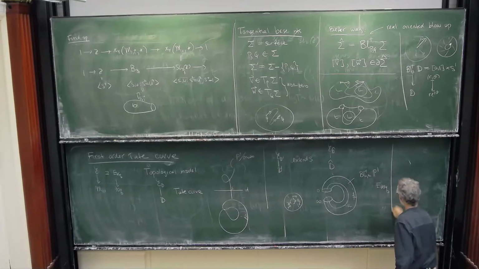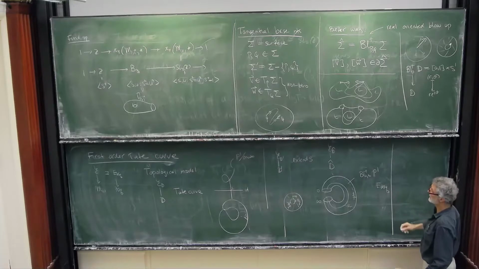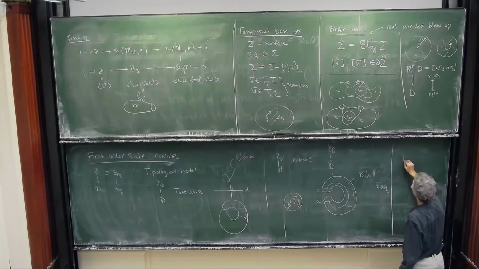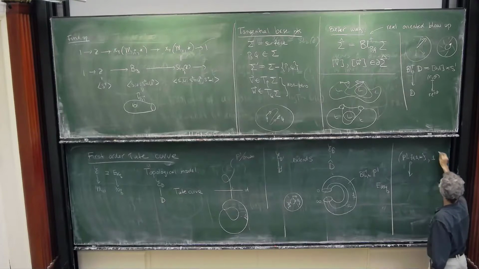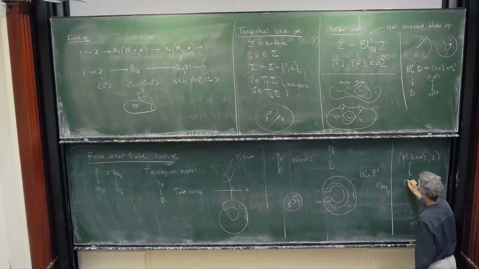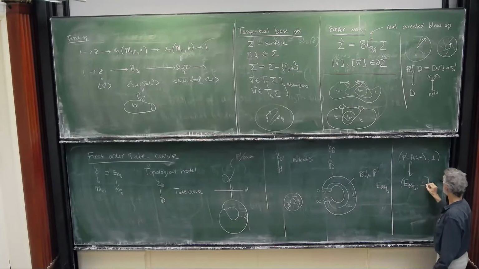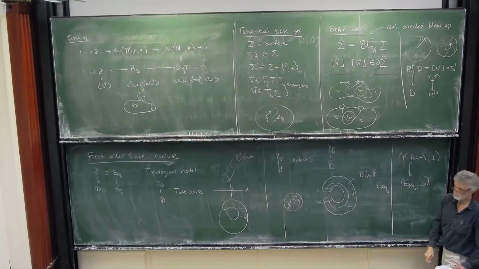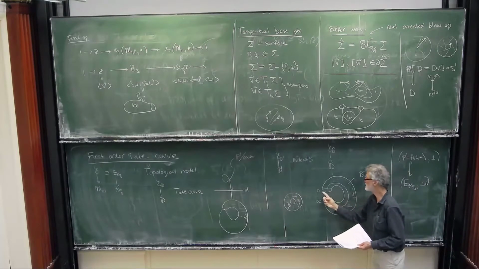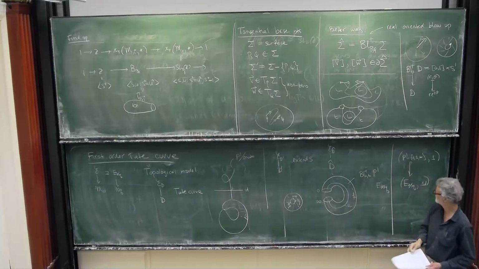The other thing you see here is that you have a map of P1 minus 0, 1, and infinity, which includes into E over DDQ minus the identity. You just remove this guy here, and you take the identity.